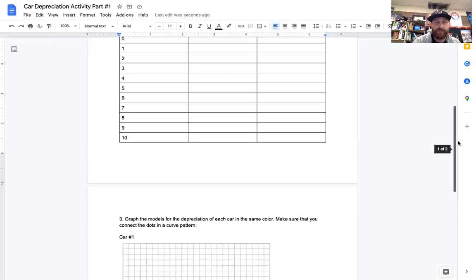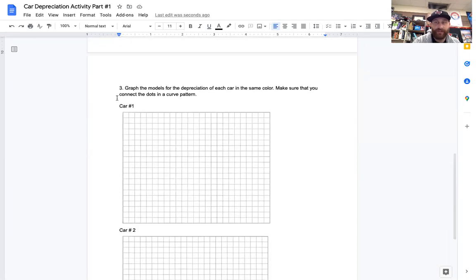Mine was 35,000, and I know there are 20 lines here. So you take 35,000, divide it by 20, and round it to the nearest higher thousand. 35,000 divided by 20 gives me 1,750, so I would go by 2,000: 2,000, 4,000, 6,000, 8,000, and so on all the way up.